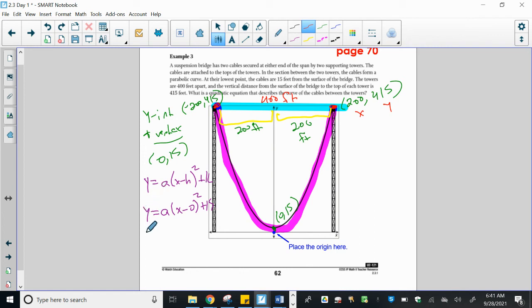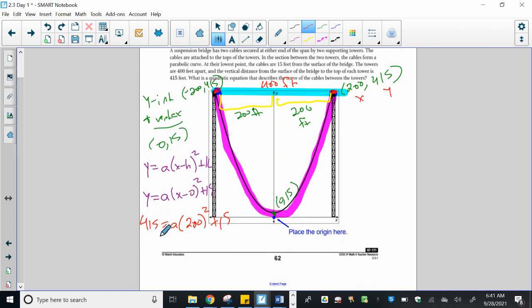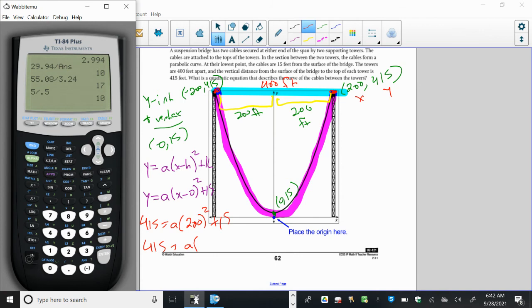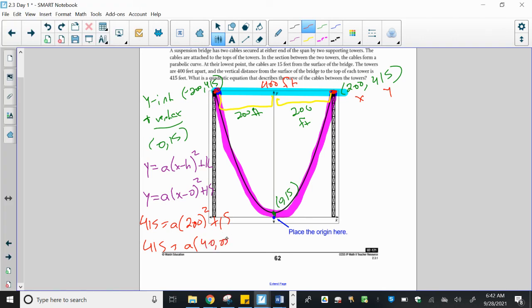And that's going to help us solve for a. So we could put in for y, 415 equals a times, well, x minus 0 is just x. So really we'd have 200 squared plus 15. Notice this is an equation we can solve now. So 415 equals a times 200 squared, that'd be 40,000, plus 15. Let's minus over the 15.